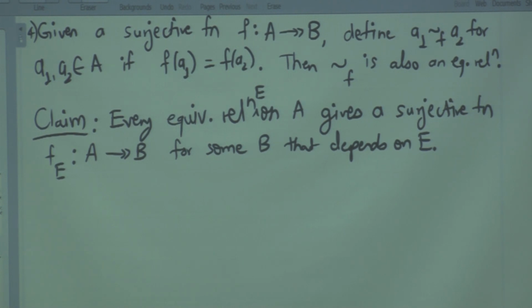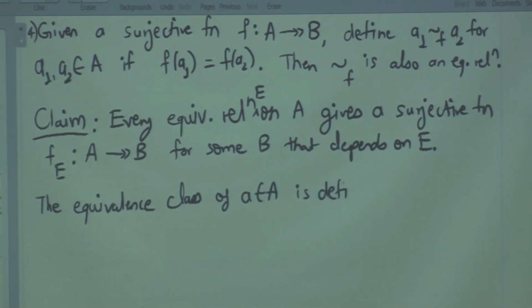It is the set of equivalence classes of E, right? So let us define that. The equivalence class of a in A is defined as this set, all those b's in A such that (a, b) holds.